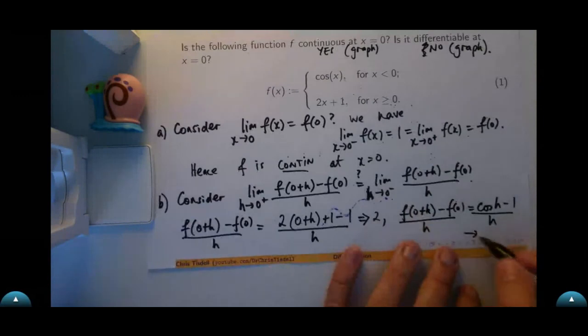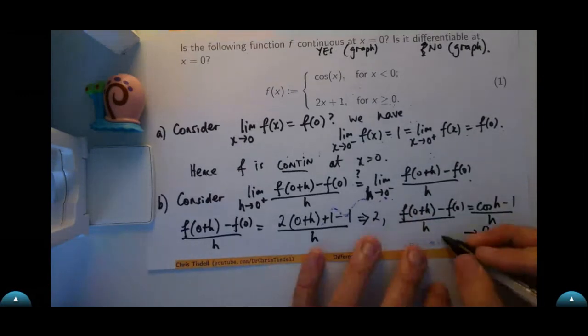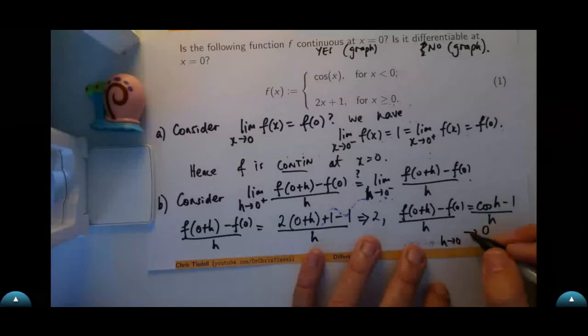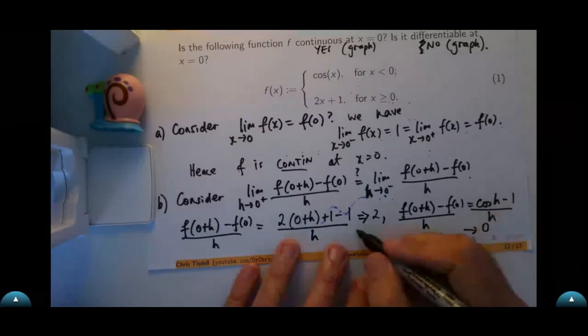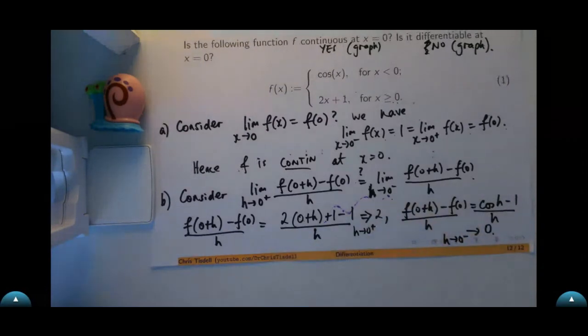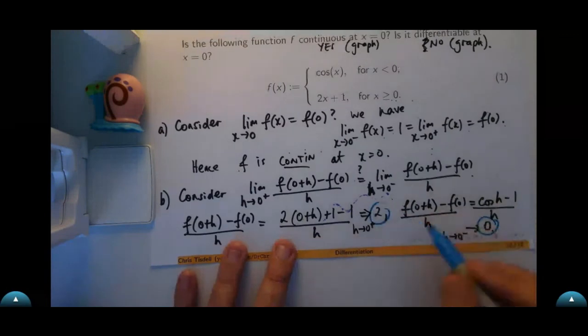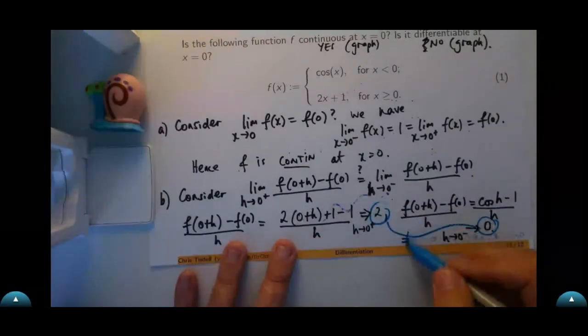And this goes to 0 as h goes to 0 from the left. Okay, so this and this are not equal.